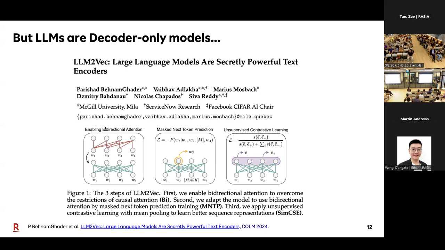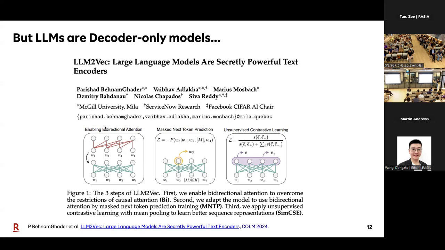Okay, so actually they have very simple ideas behind it. Basically 3 steps of how we can transition from a decoder only model to an encoder model. Firstly, they enable bidirectional attention to overcome the limitation or restriction of causal attention, so that they convert the left to right behavior of the decoder to bidirectional attention behavior.